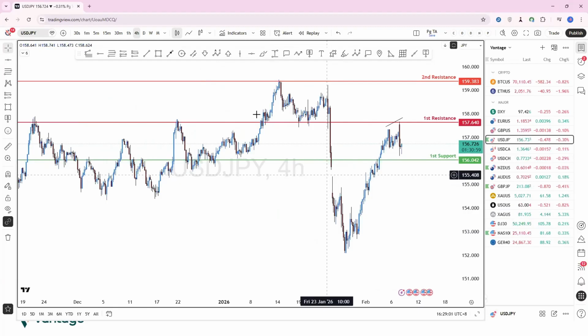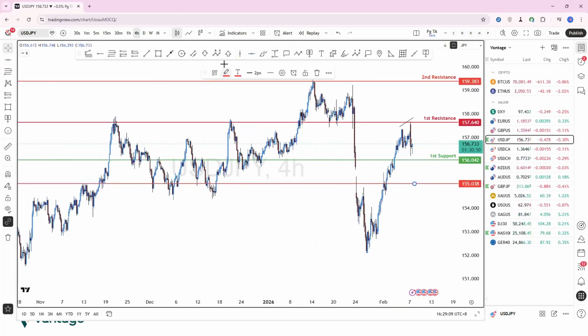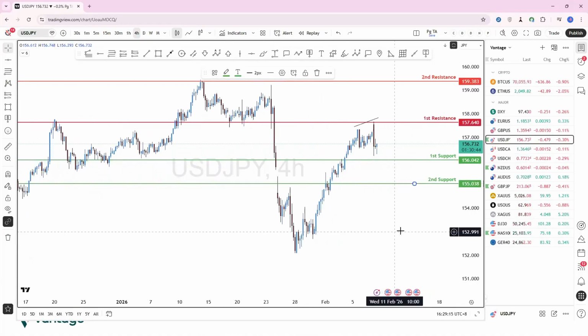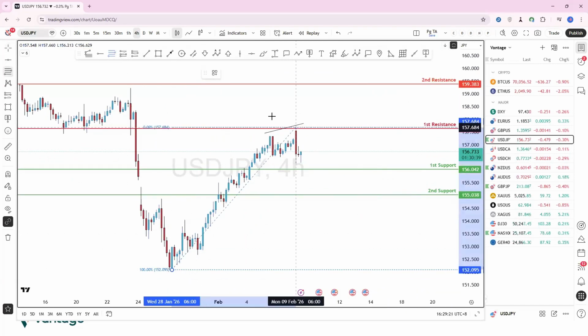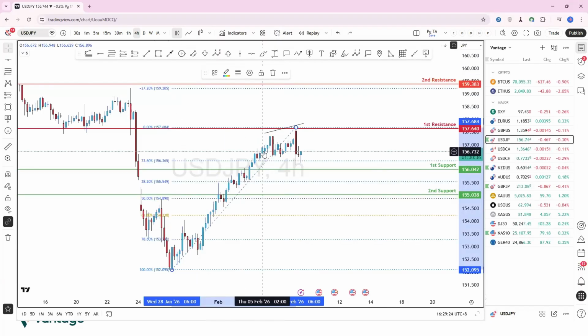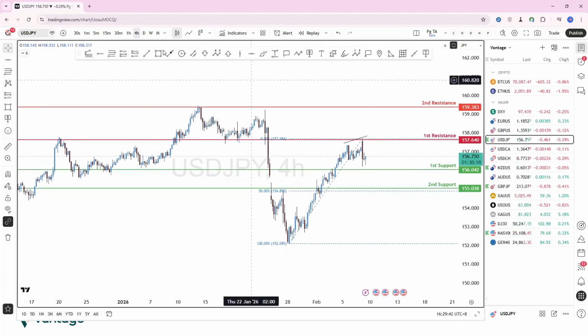Second support is here. How many percent? 50. This one.